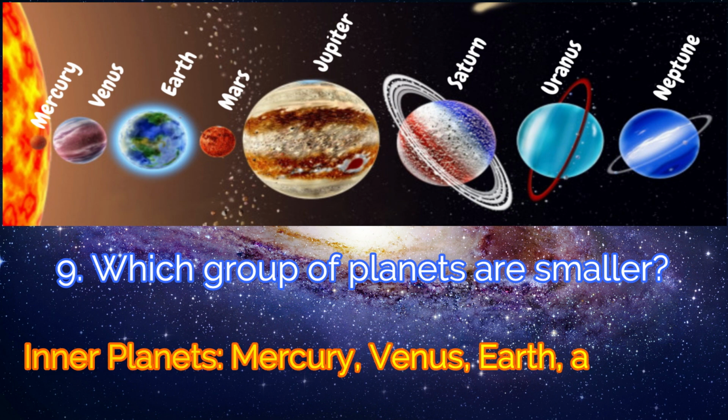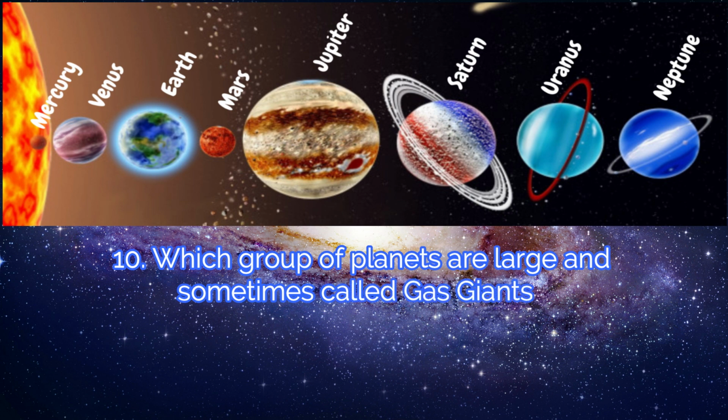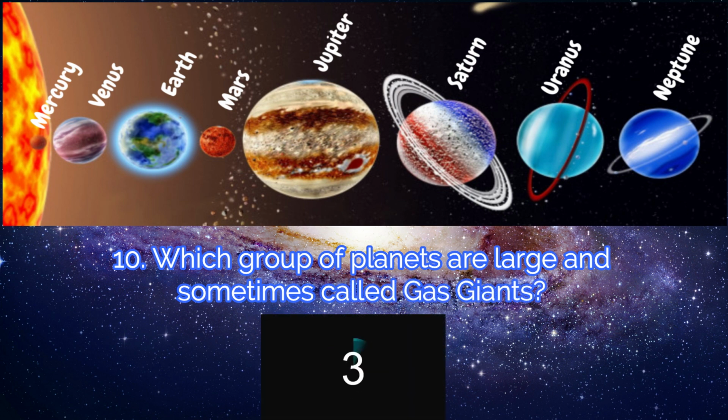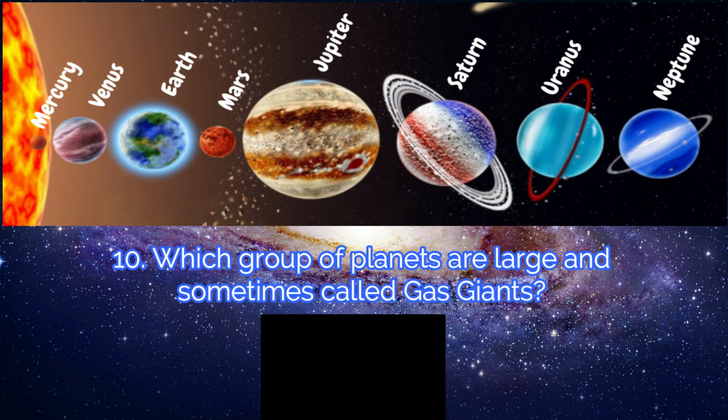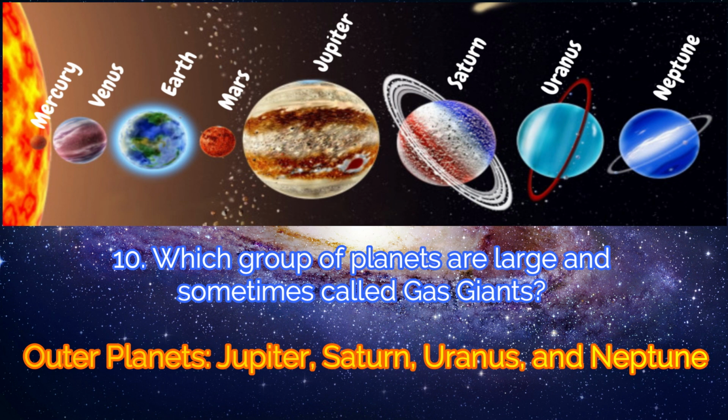They are called inner planets, namely Mercury, Venus, Earth, and Mars. Which group of planets are large and sometimes called gas giants? Correct. It's the outer planets, namely Jupiter, Saturn, Uranus, and Neptune.